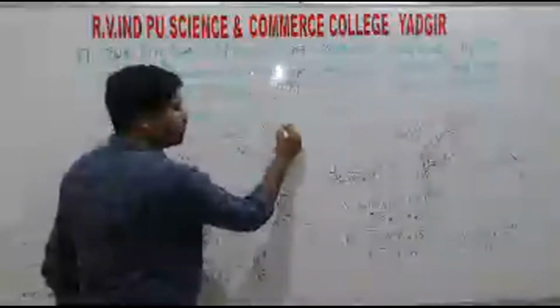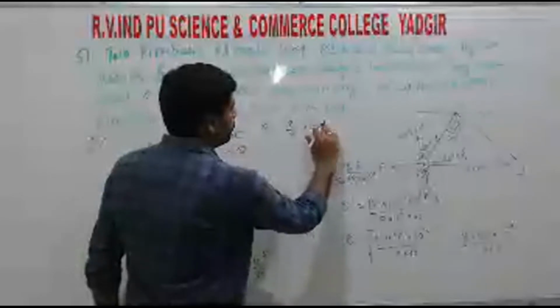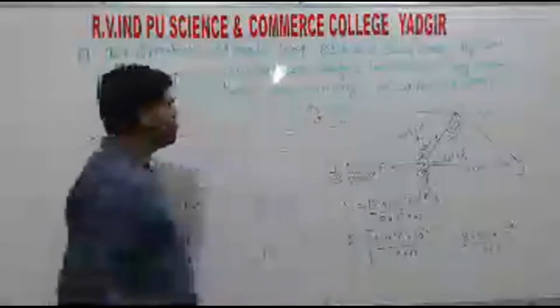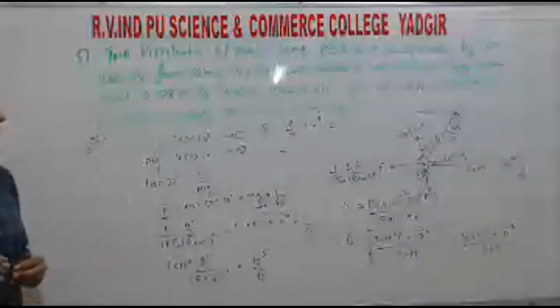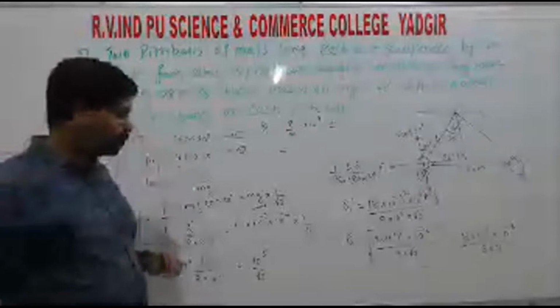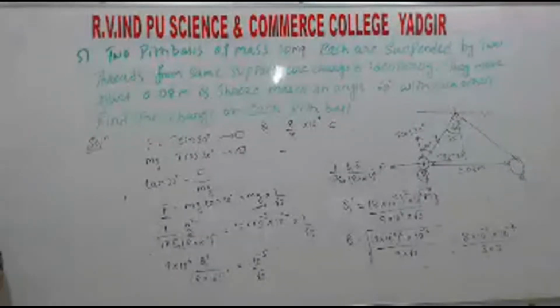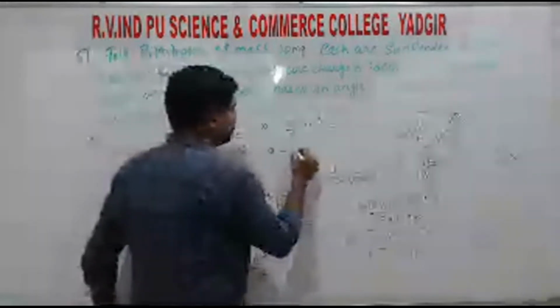So Q is equal to 8 divided by 9 into 10 to the power of minus 9 coulomb, right? So 8 divided by 9, how much value are we getting? So 0.88 nano coulomb. That is each charge Q, 0.88 nano coulomb.